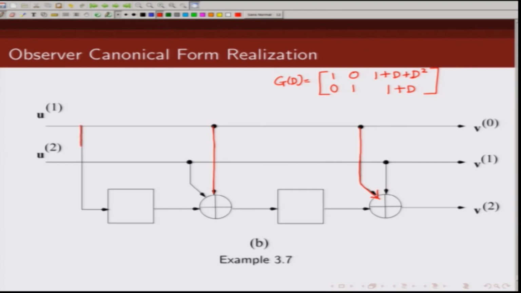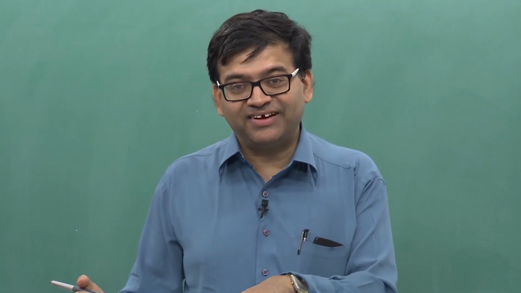That is this term. Fine. Plus 1 plus D times U2 of D. So then U2 of D is this and D times U2 of D is this. So this is our observer canonical form realization for this convolutional encoder with this generator matrix.